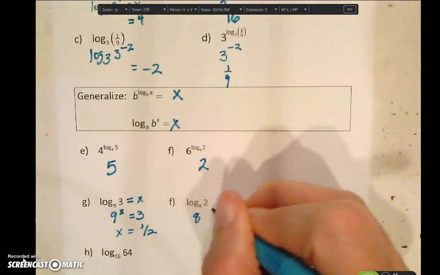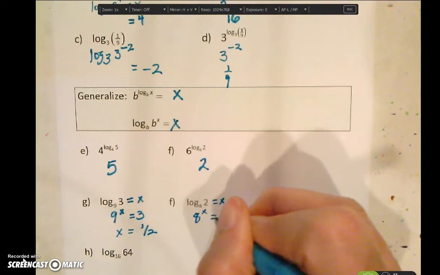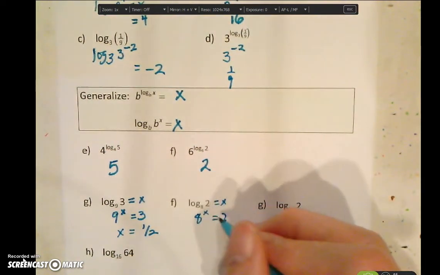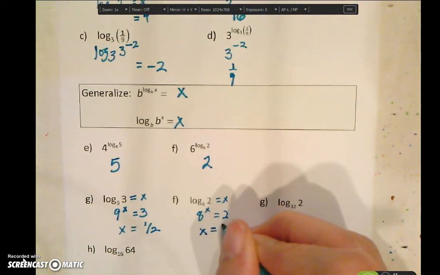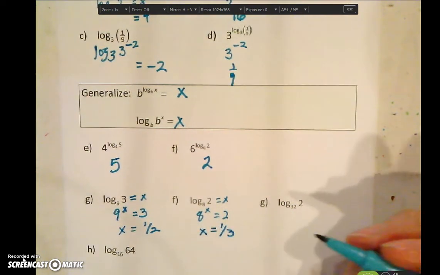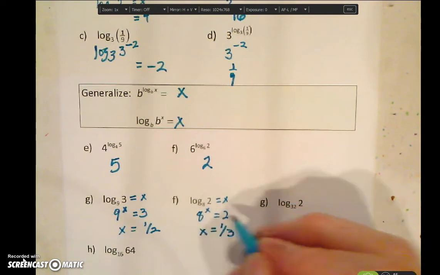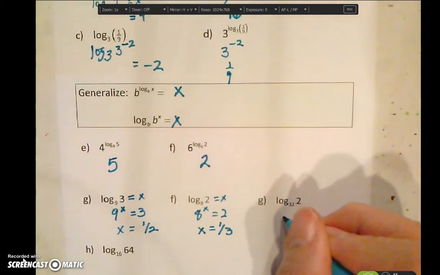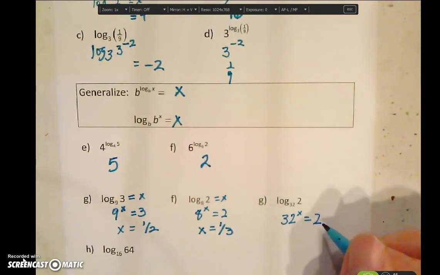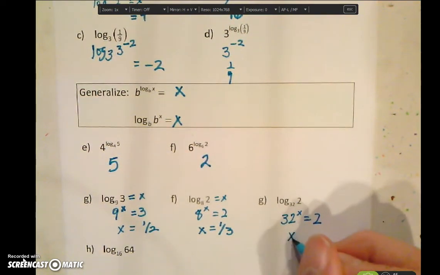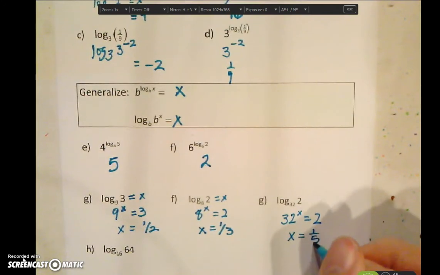So 8 to what power is 2? Well, the cube root of 8 is 2. So that must mean that x is equal to 1/3. So 32 to what power is 2? Well, that's the 5th root. So that means that x is going to be equal to 1/5.